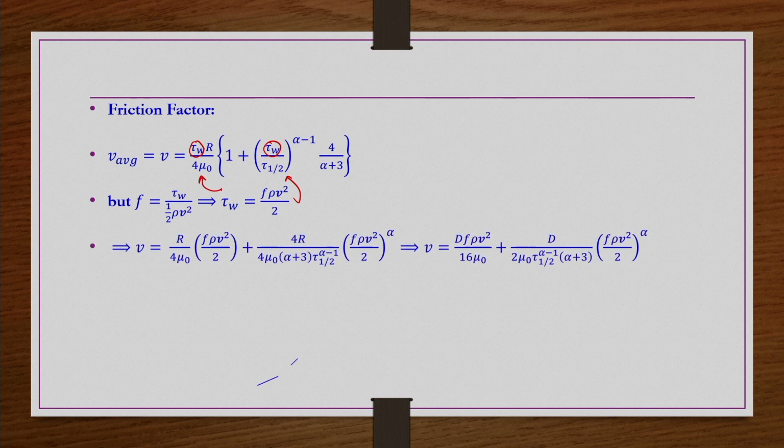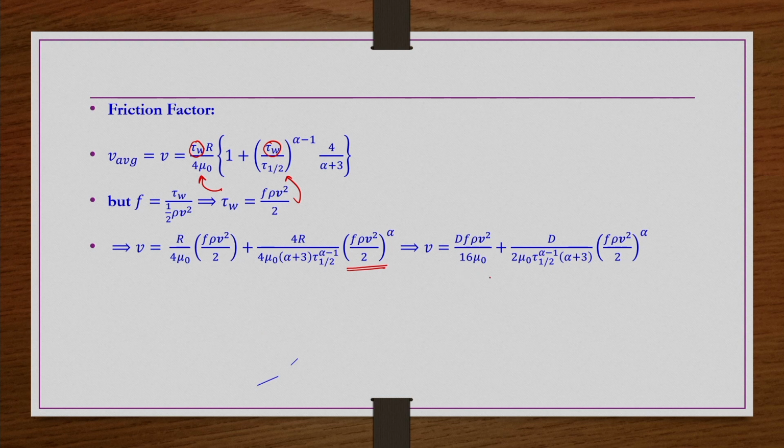Then we get V is equal to R by 4 mu naught multiplied by tau w, that is F rho v square by 2, plus 4 R by 4 mu naught alpha plus 3, tau of power alpha minus 1 multiplied by tau w power alpha minus 1 multiplied by tau w, that is tau w power alpha, and then tau w is nothing but F rho v square by 2, power alpha is as it is, right.